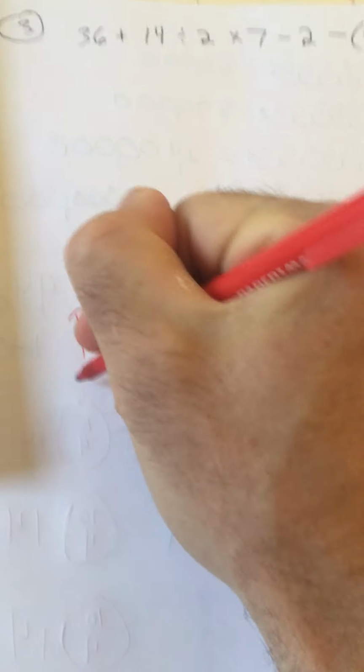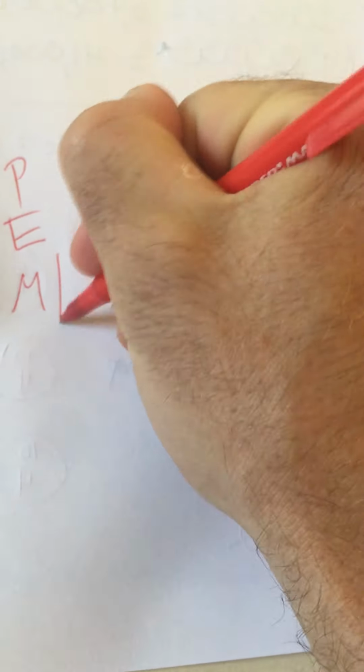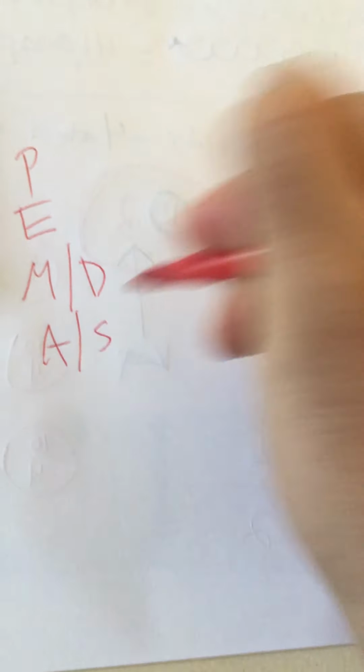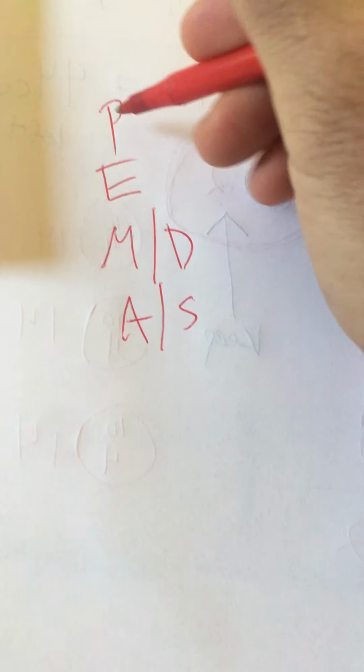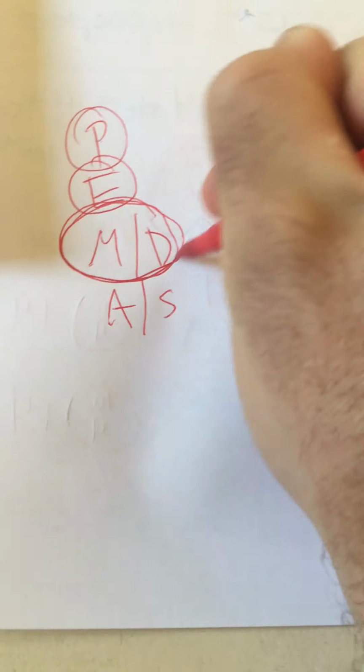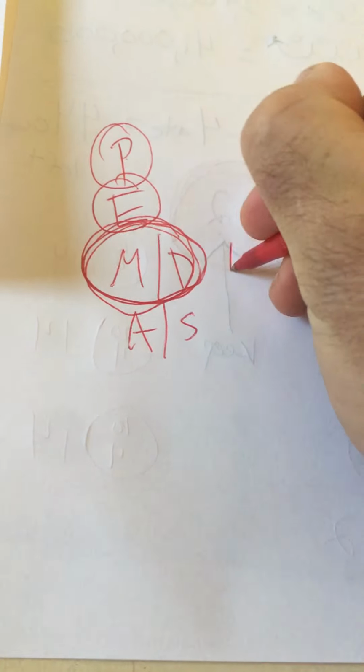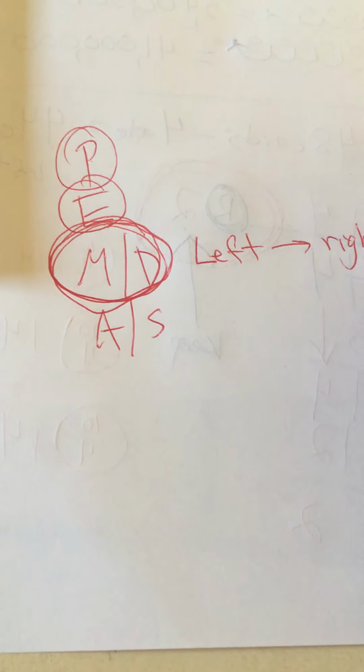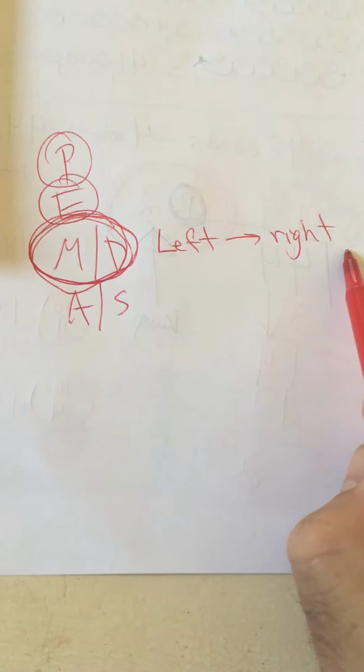Okay, so the order of operations, we've done this now quite a bit. PEMDAS is how I learned to remember it as a kid, but we're going to start with the parentheses, then we're going to do the exponents, then we're going to do multiplication and division, whichever one comes first, left to right. And we're going to see that today, where you're going to go left to right.